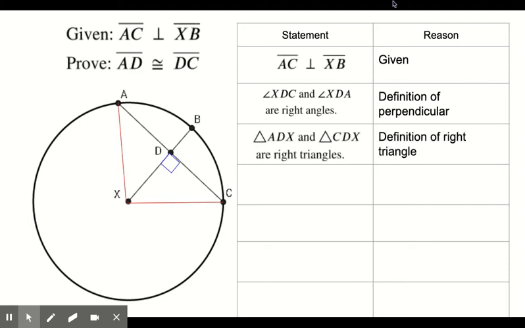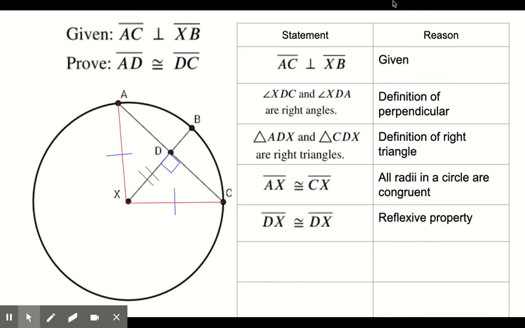Then I know that triangle ADX on this side here and CDX are right triangles. I know that because they both have right angles. So that's the definition of a right triangle. AX is congruent to CX because these are both radii. So obviously they are going to have the same length.